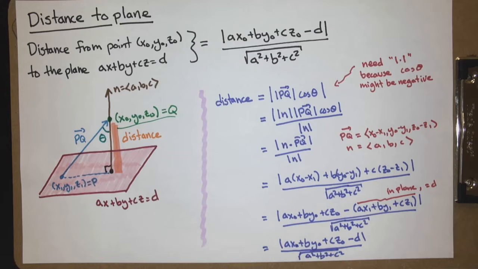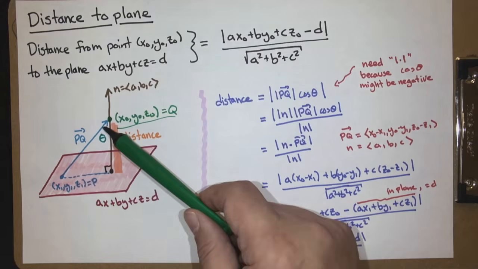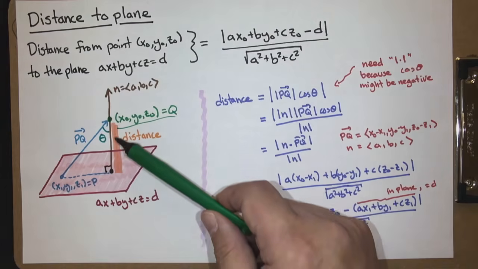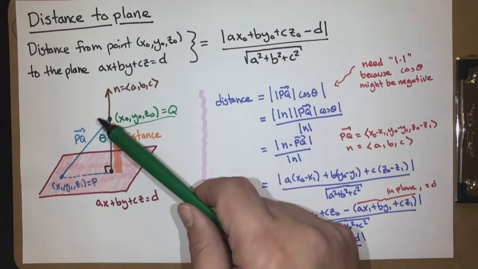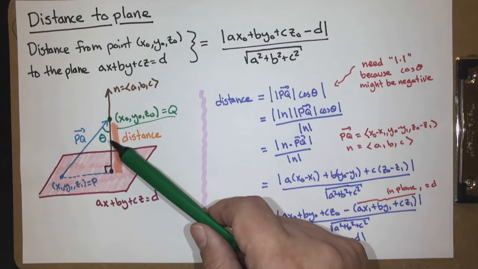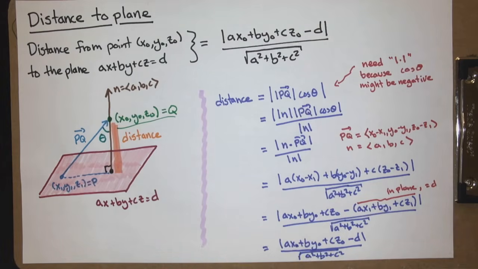Now, what do we want to know? We want to know the length of the adjacent side of this triangle. That's the distance. And we can find the hypotenuse. What relates adjacent and hypotenuse? Cosine. And when we see cosine, we think dot.